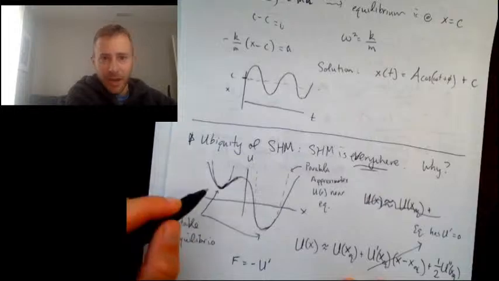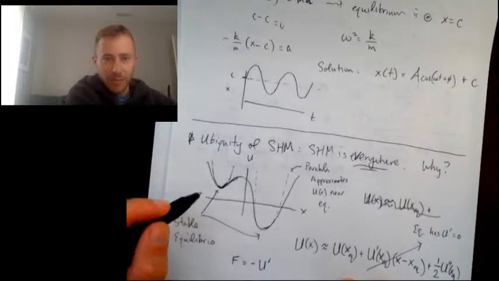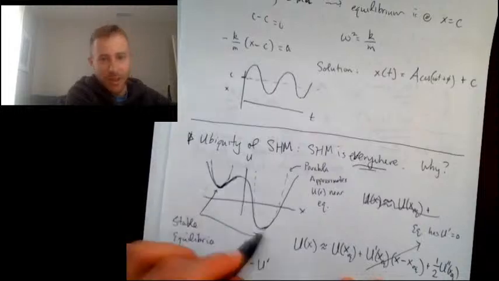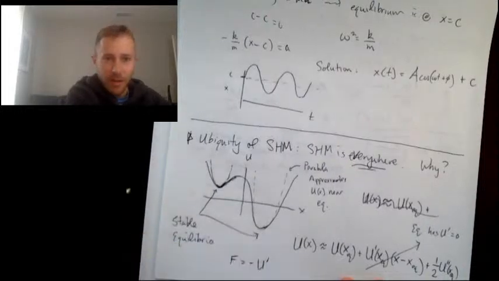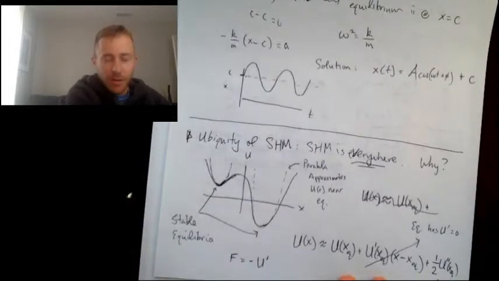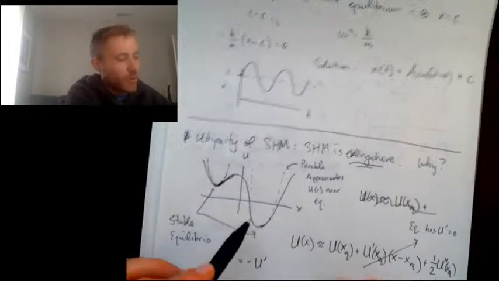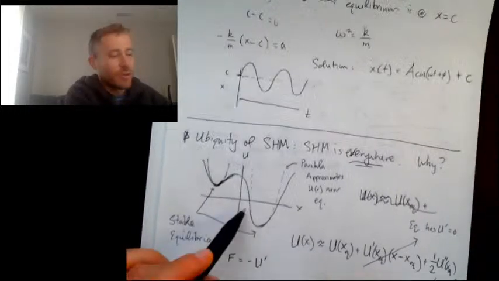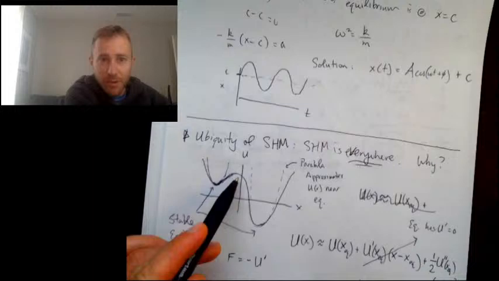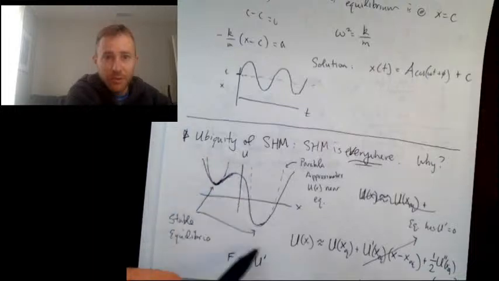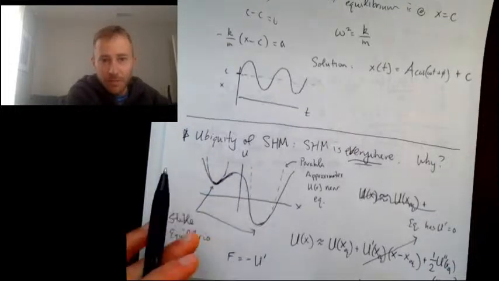And so that obviously makes it not simple harmonic motion anymore if it gets stuck over here for a while and then it switches back and forth. So if the amplitude gets too big, it's no longer appropriate to approximate the potential by a parabola, because you have to take into account the other features of the potential.